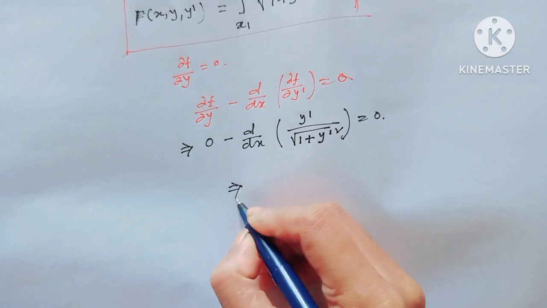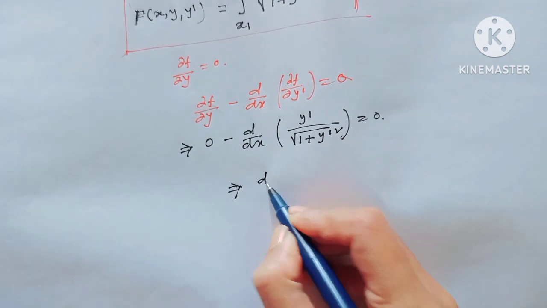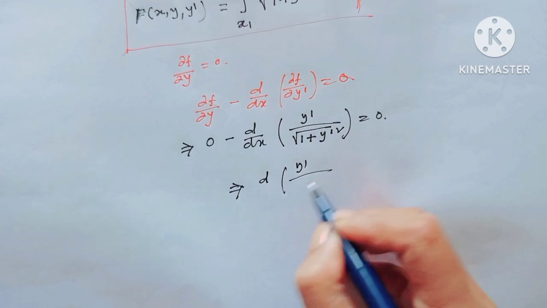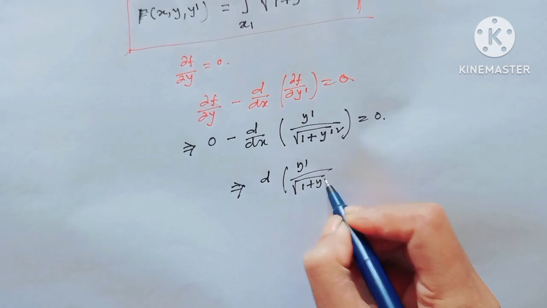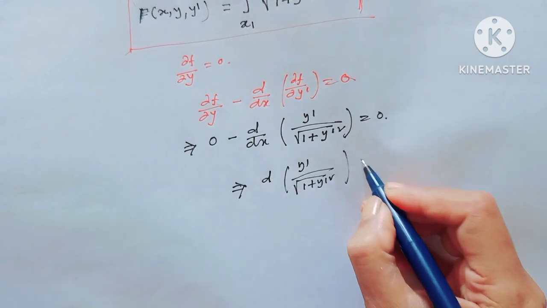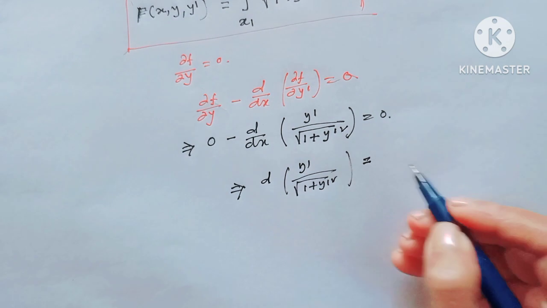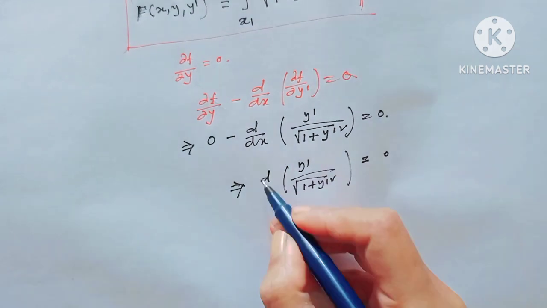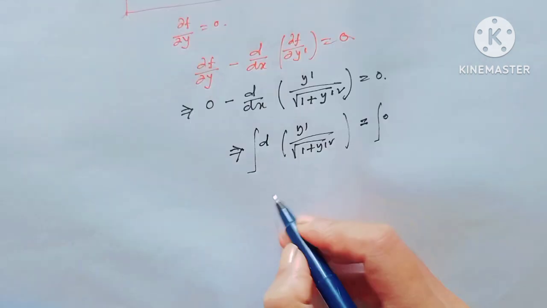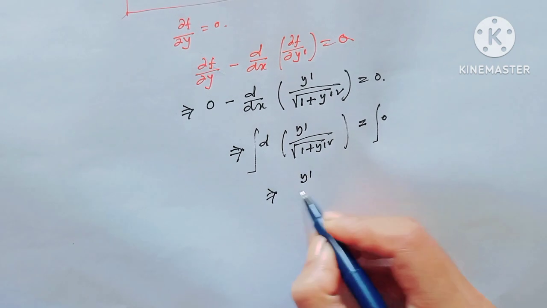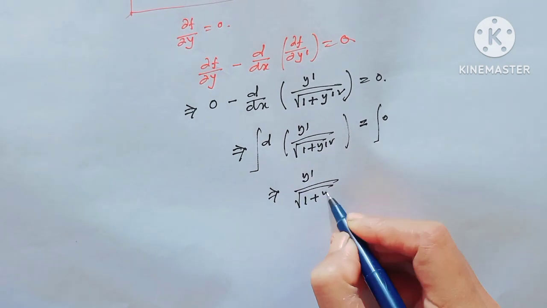That implies d by dx of y dash over the square root of 1 plus y dash whole square equal to 0. Just integrate both sides, then y dash over the square root of 1 plus y dash whole square equal to c.